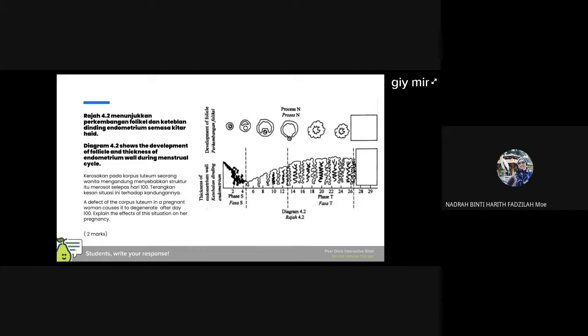Explain the effects of this situation on her pregnancy. Pregnancy dia macam mana dan explain your answer lah why you say that. Pregnancy dia jadi apa dan explain kenapa. Okay, corpus luteum tu after day 100 start to degenerate sebab ada defect.